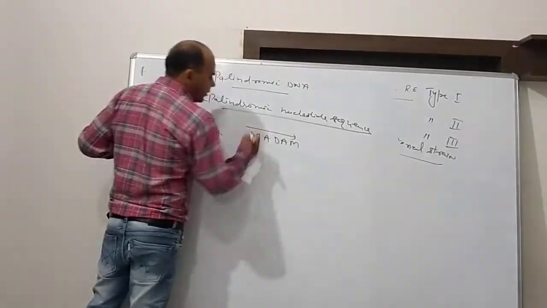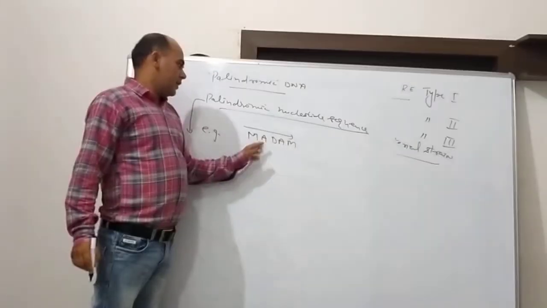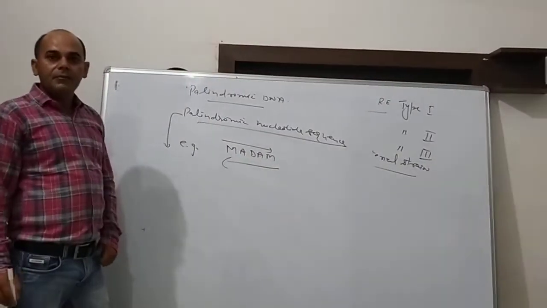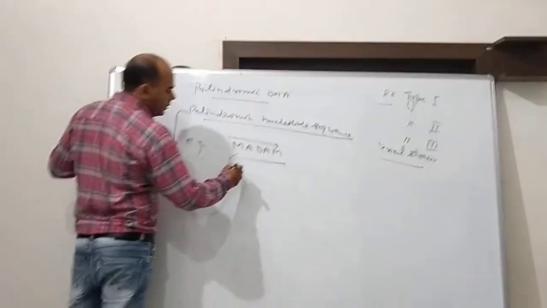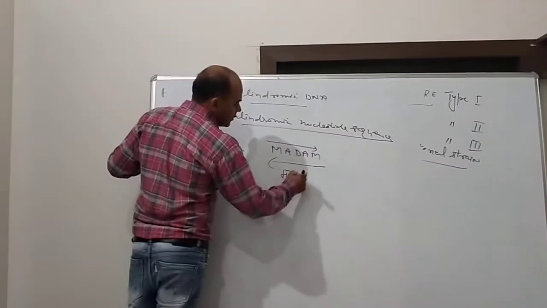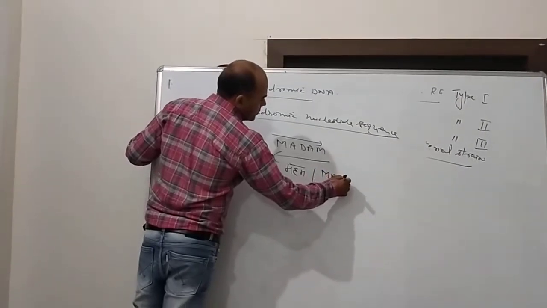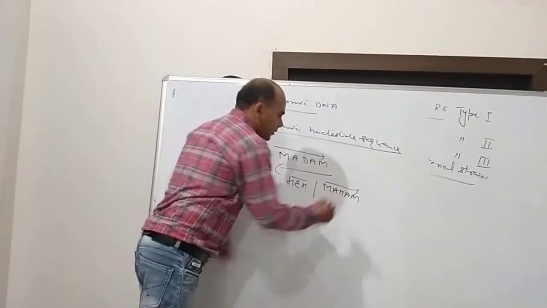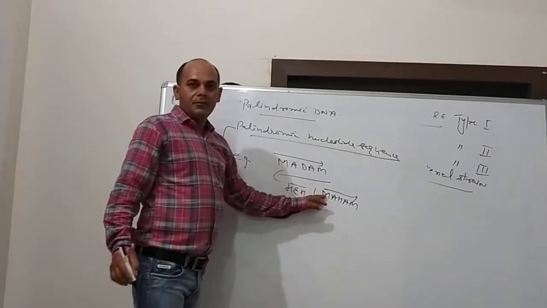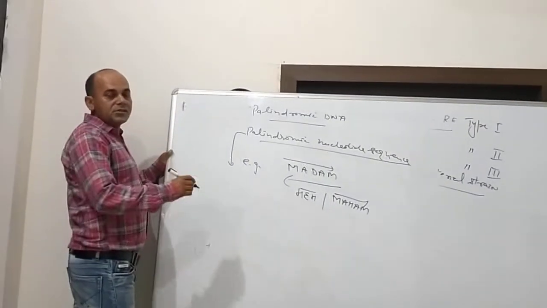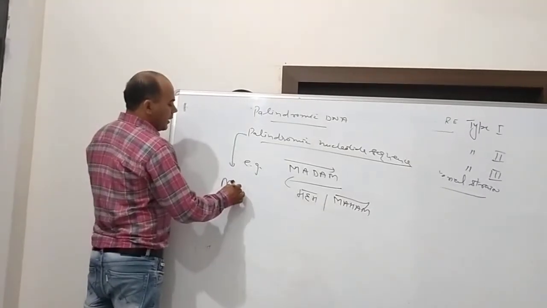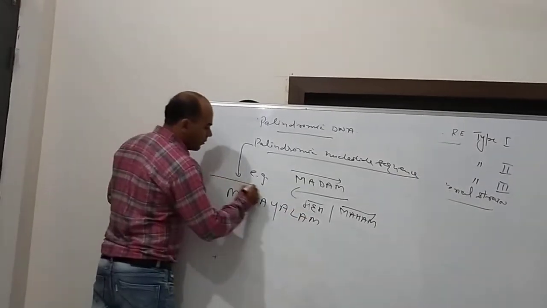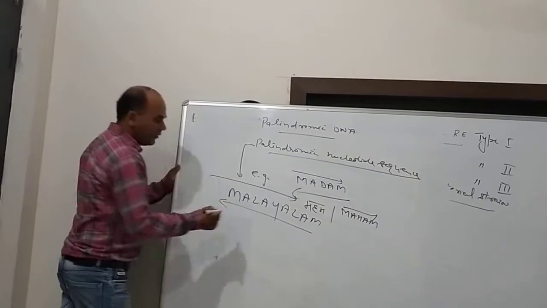Read backward, M-A-D-A-M, madam, same pronunciation. Like in Hindi, मलयालम. One more word given in NCERT is Malayalam, M-A-L-A-Y-A-L-A-M. Read in forward direction, read in backward direction.